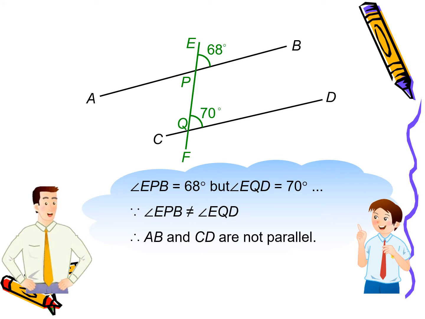Here you can see that angle EPB is 68 degrees, but angle EQD is 70 degrees. So the two corresponding angles are not equal, and we can conclude that AB and CD are not parallel.